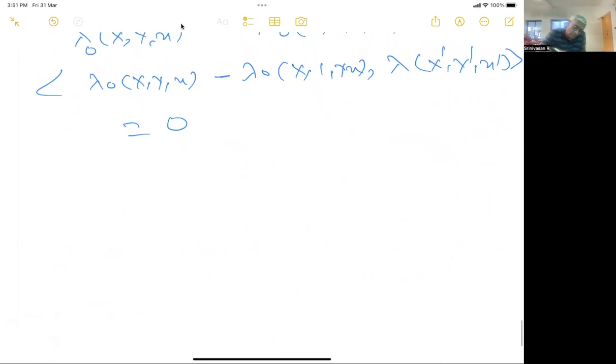I want to define a homomorphism. So this is a propositional element, right?